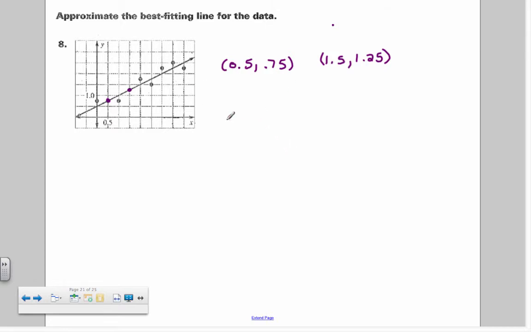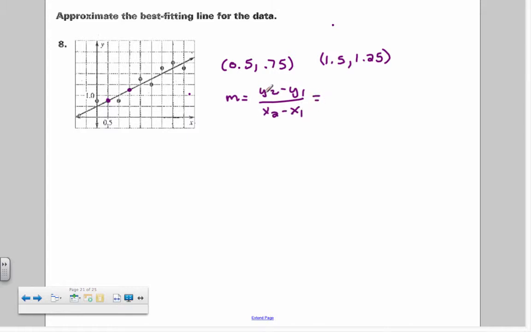So let's go ahead and see what our slope would be. Let's use our slope formula first. We're going to find the equation of a line by first finding our m and then finding our b. So to find the slope, we have m equals y2 minus y1 over x2 minus x1.